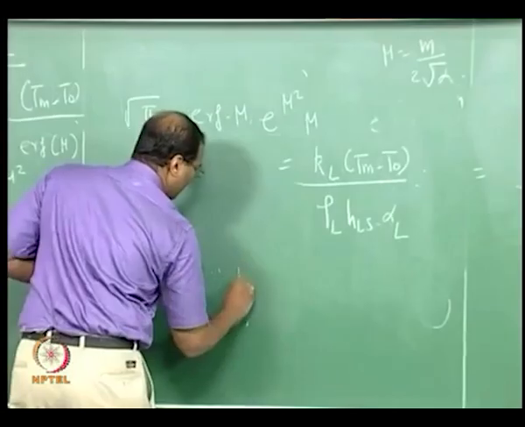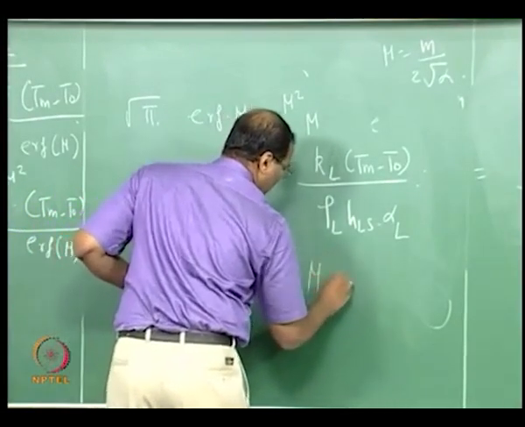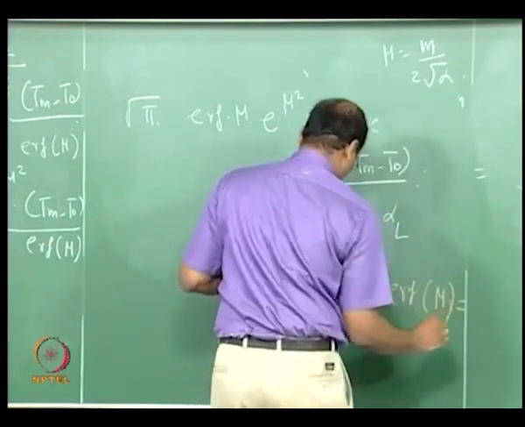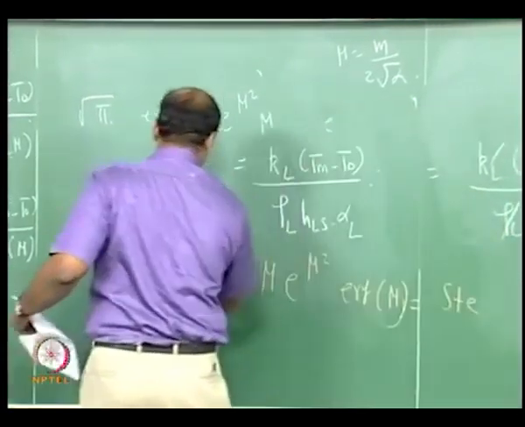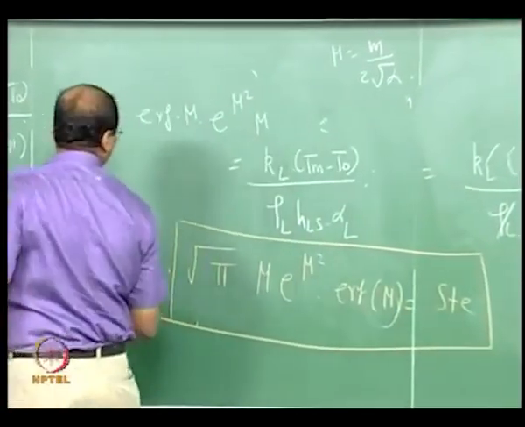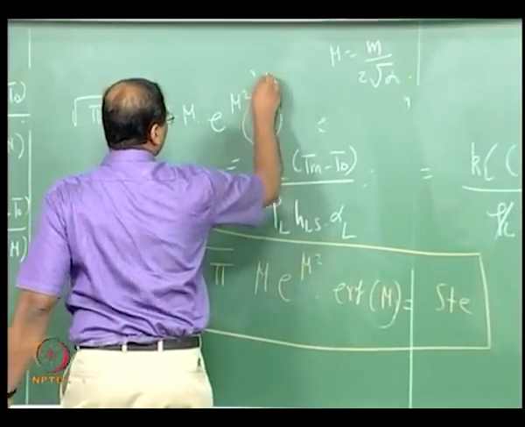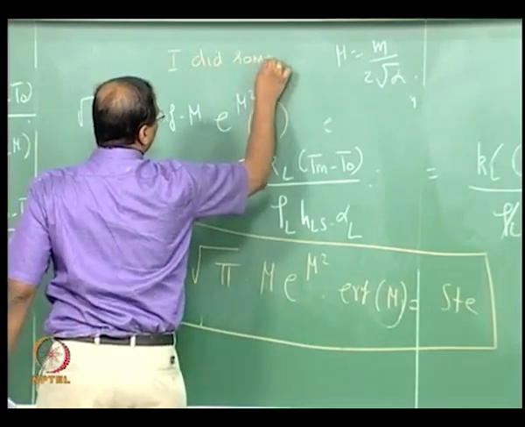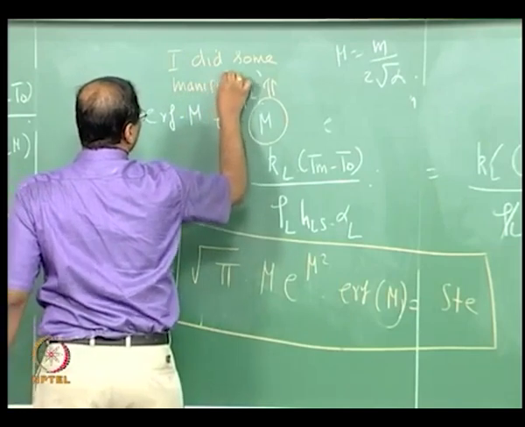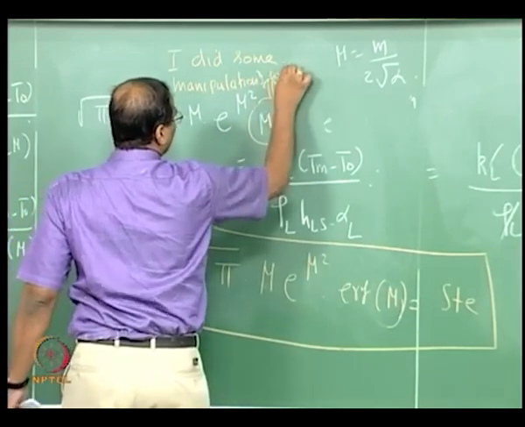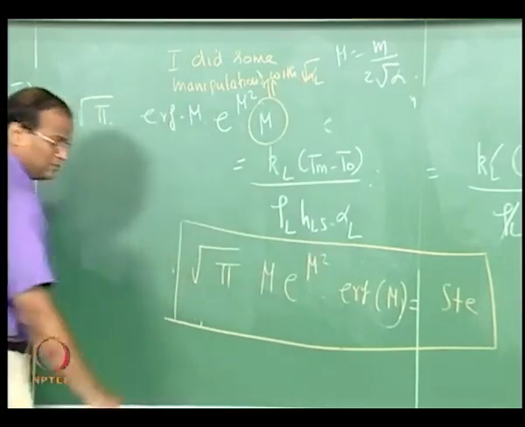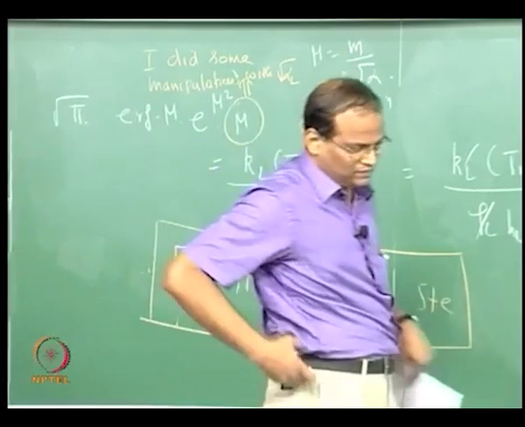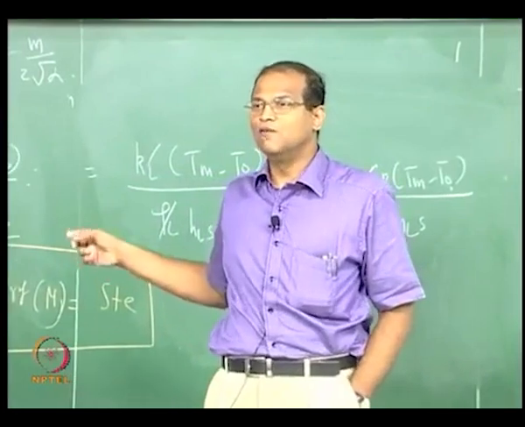Okay, therefore given the Stefan number you have to solve it to find out the mu.